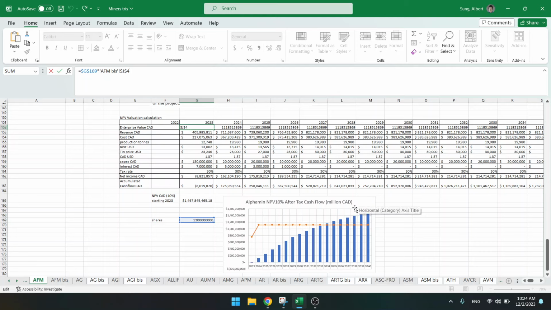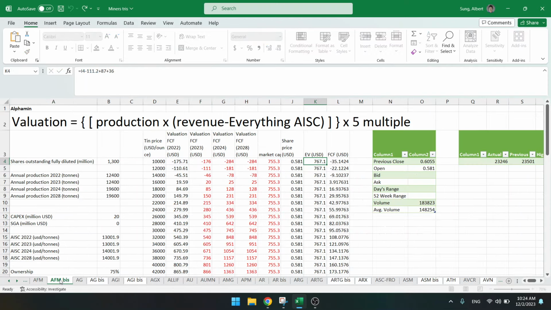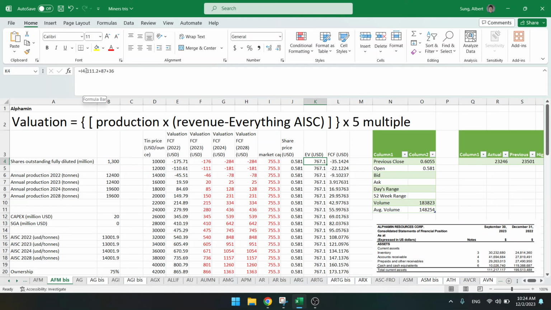So we need to go to CAD times this number. That's in CAD, and then we need to calculate the enterprise value.